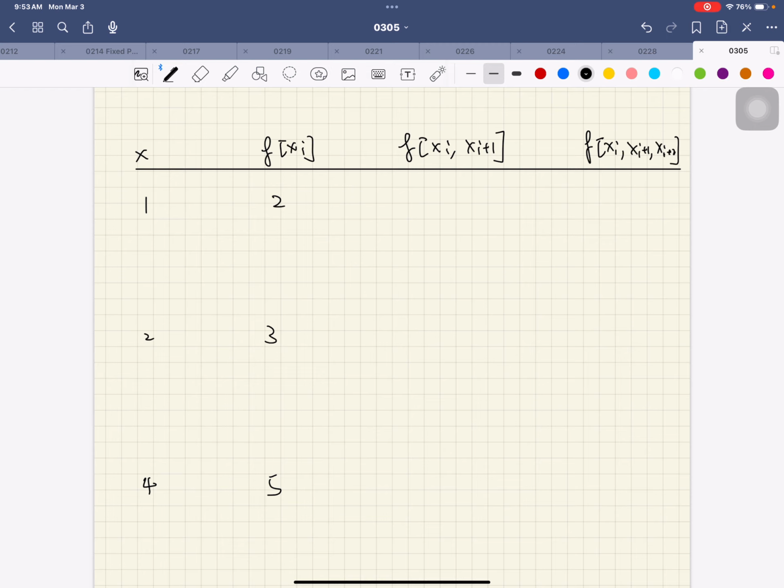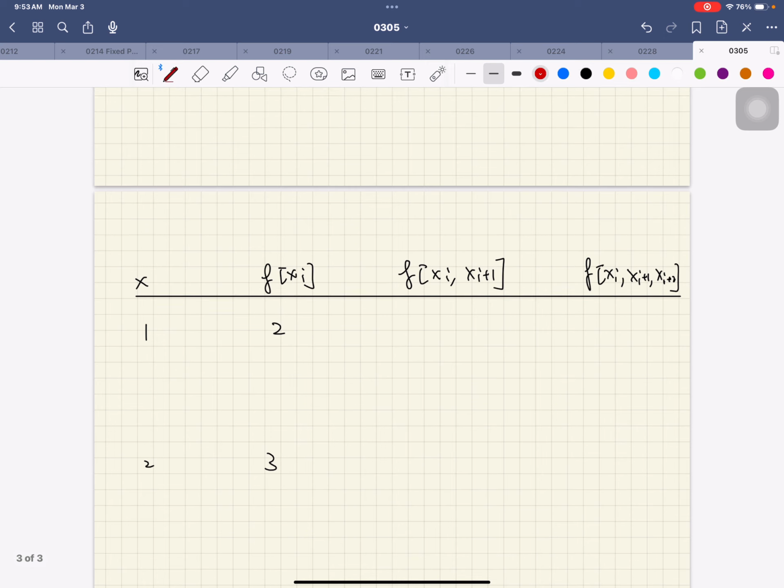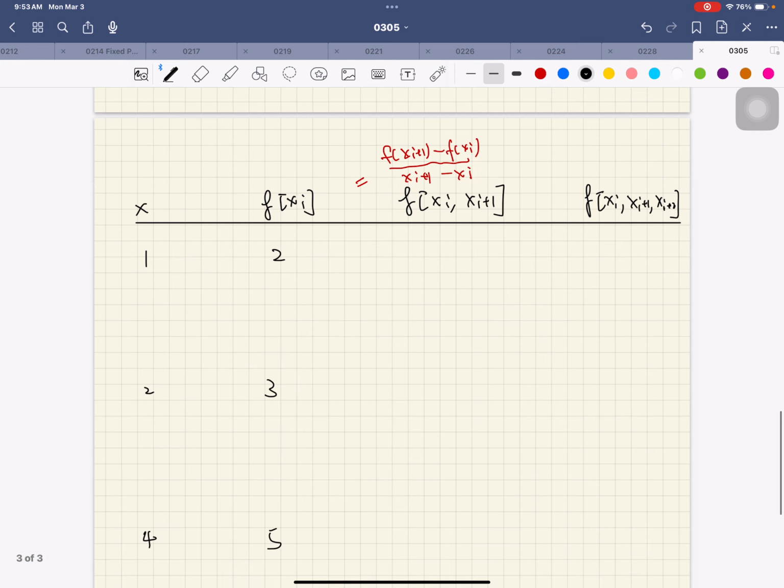Now the first difference. According to the definition, the first difference is computed as f(xi+1) minus f(xi) over xi+1 minus xi. Remember this is also called a forward difference, and we need to leverage these values to compute the first difference.